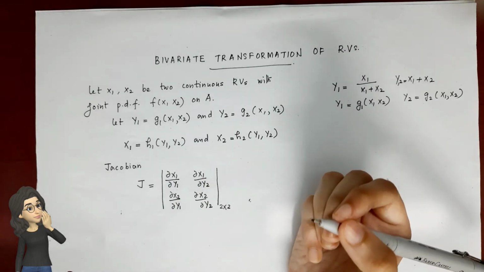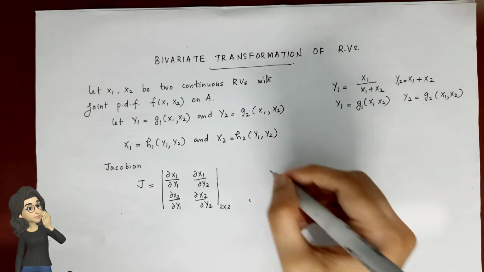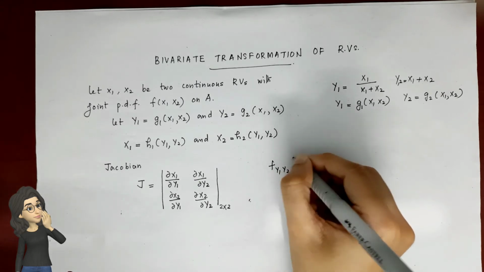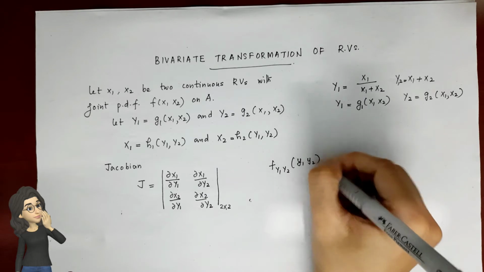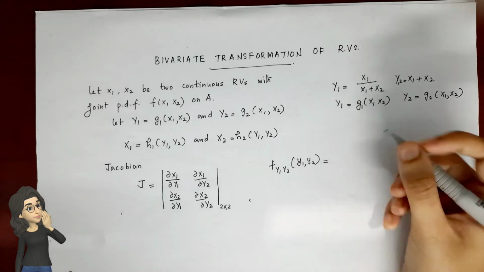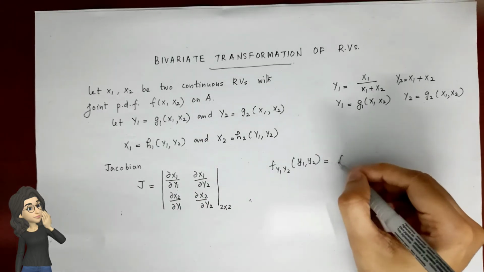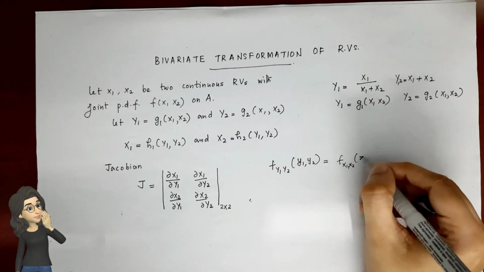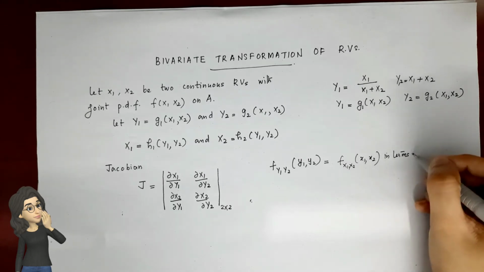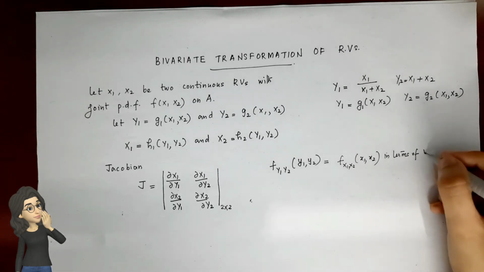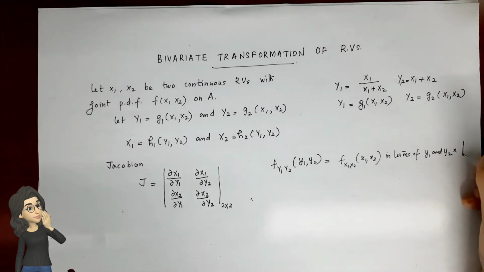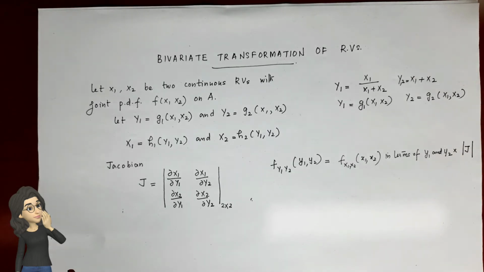Now what we are required to find is the joint PDF. We can denote that joint PDF as f of y1, y2, which is a function of y1 and y2, which is equal to the original PDF that we had, f of x1, x2, written in terms of these y1 and y2, into the modulus of the Jacobian.